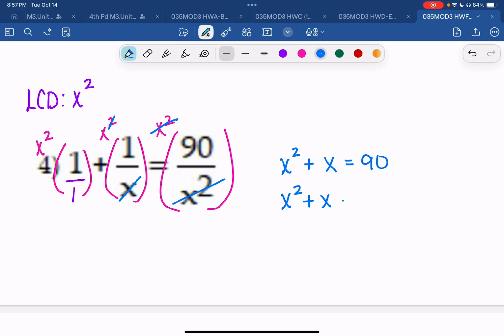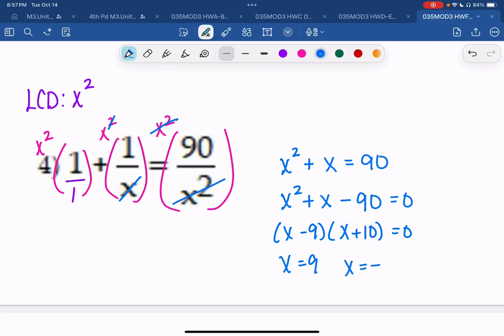So I'm going to move that 90 over, so minus 90. We want to factor that out, so x minus 9, x plus 10. So x equals 9 and x equals negative 10 are my solutions. And again, we're going to check to make sure they don't give us a 0 in the denominator.